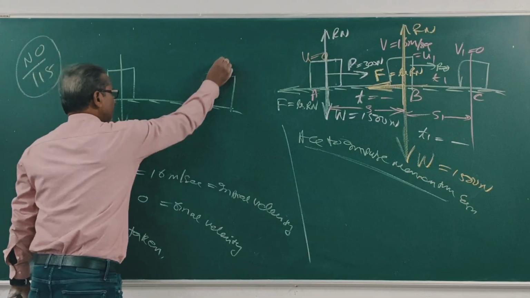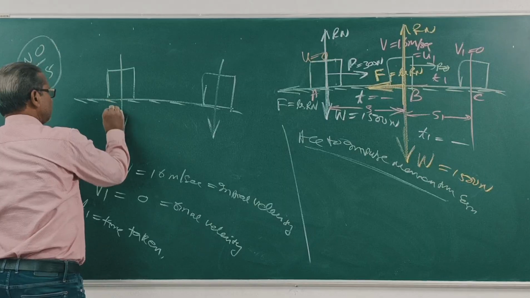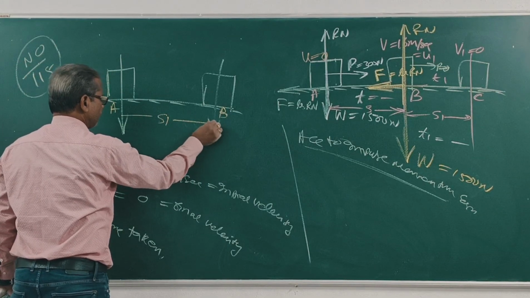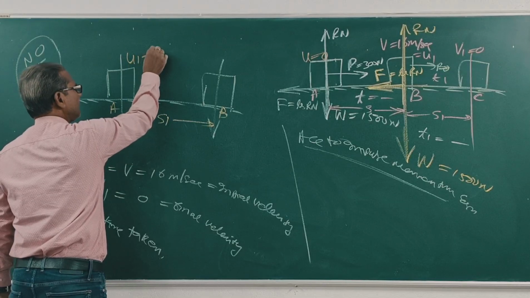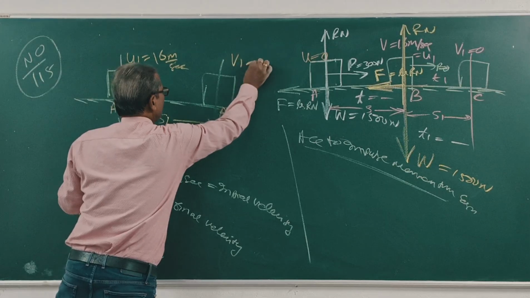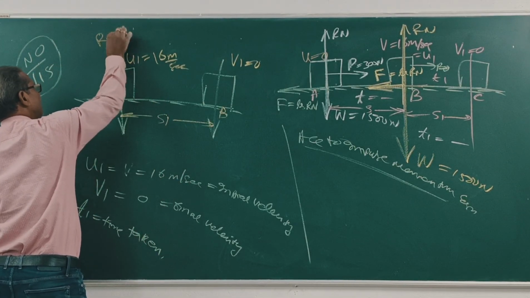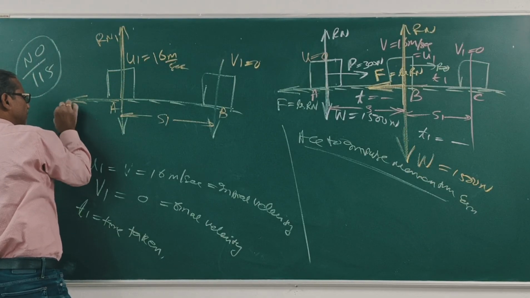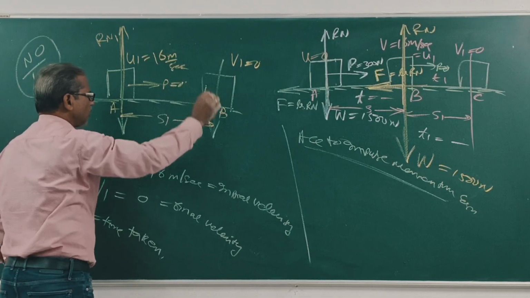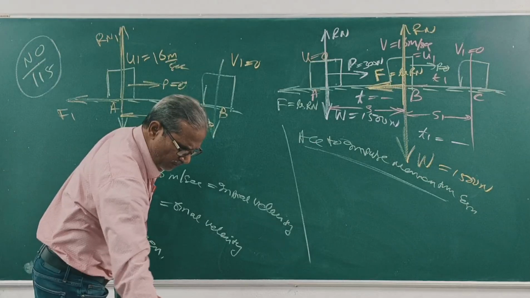This is point A, this is point B, S1, U1 is 60 meter per second, V1 is 0. Normal reaction Rn1, friction F1, P is equal to 0. Clear?